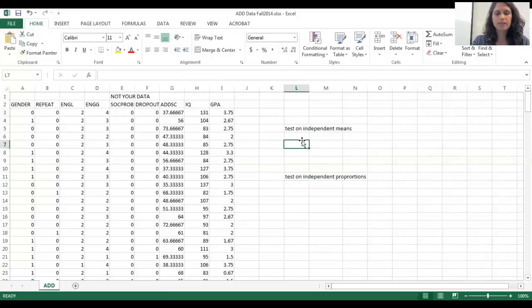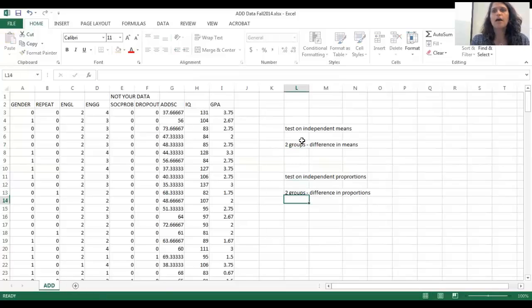Basically, you break the data up into 2 groups and look at the difference in means, and for a test on independent proportions, you break it into 2 groups and look at a difference in proportions.